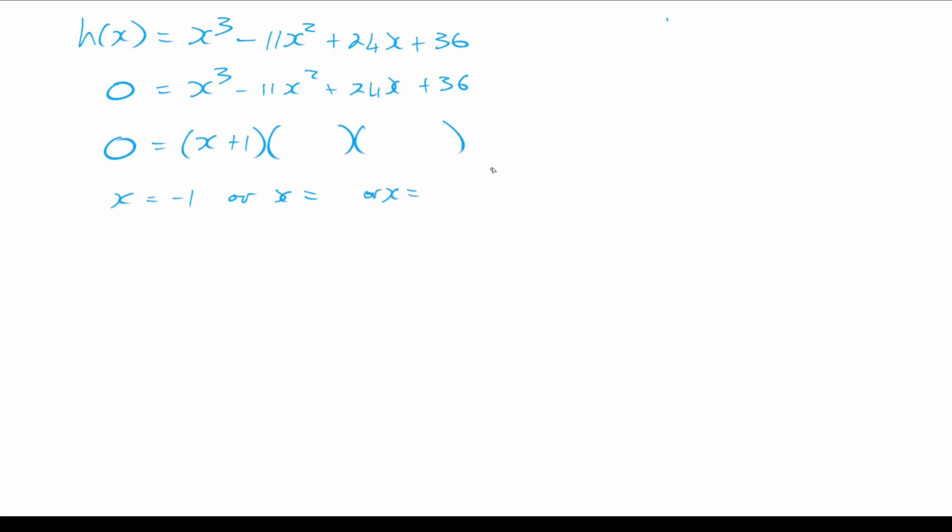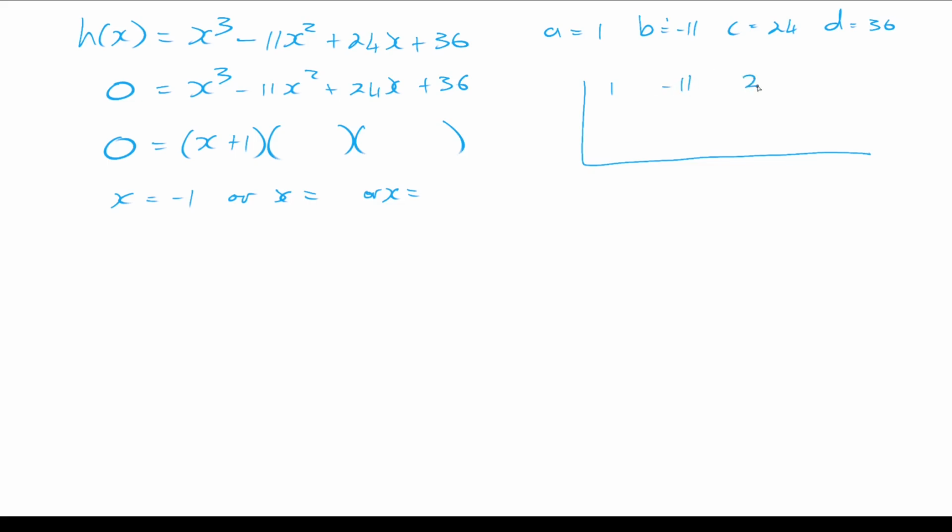Oh, okay. So let's do our synthetic division. Our a equals 1, our b equals -11, our c equals 24, and our d equals 36. So we put them in a box: 1, -11.